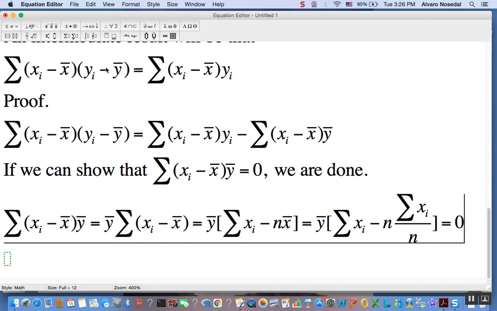We started from the left hand side and expanded it. This is almost what we want. We said, if we could get rid of this second term, we're done. And we have shown that this second term is 0. So it's gone, we're done.